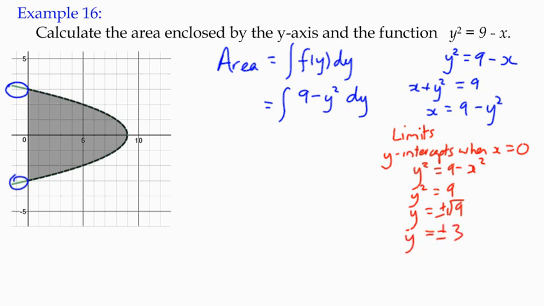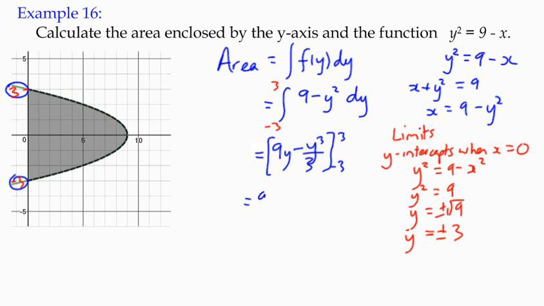In other words, our two intercept points are negative 3 and 3, which means that's our limits on the integration. So we can go ahead and do integration in terms of y. 9 integrates to 9y, and negative y squared integrates to negative y cubed over 3. And we've got 3 at the top and negative 3 on the bottom.